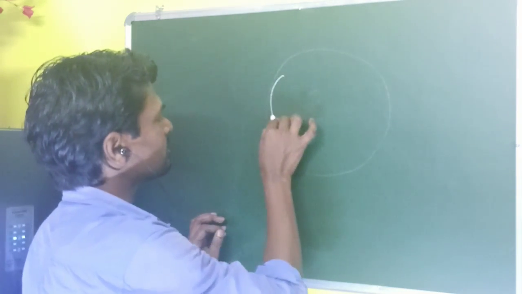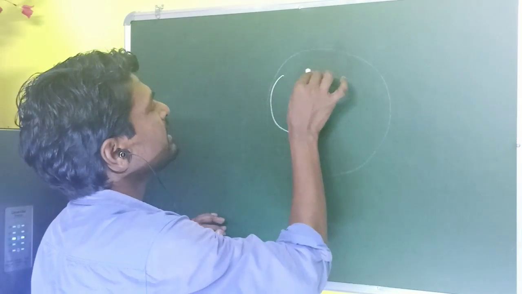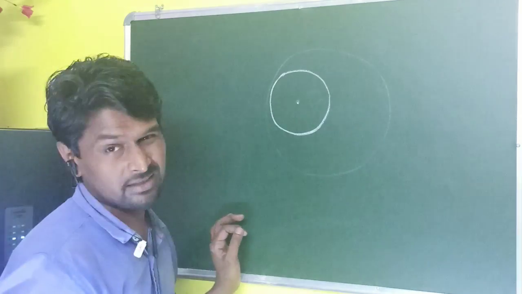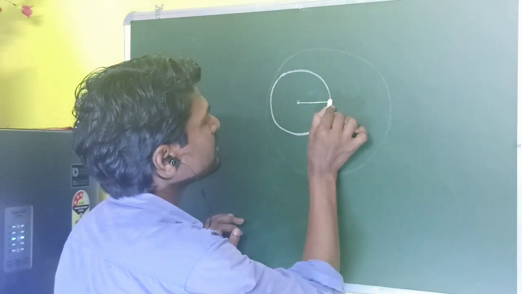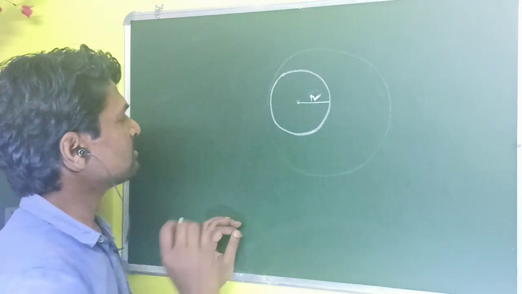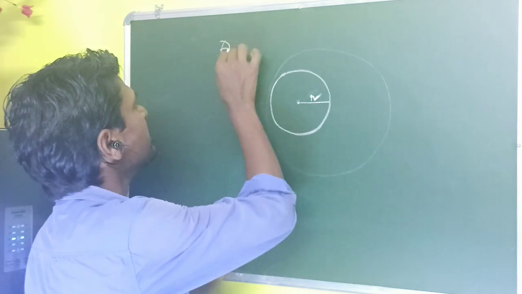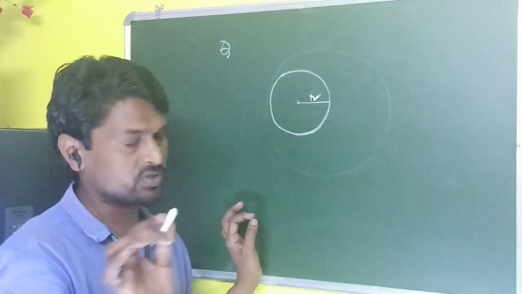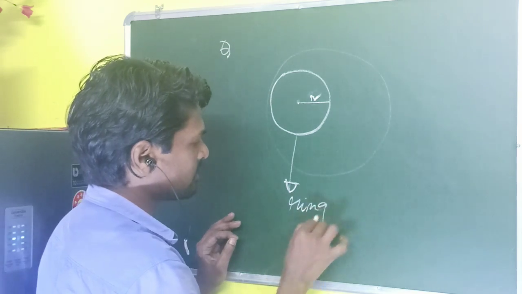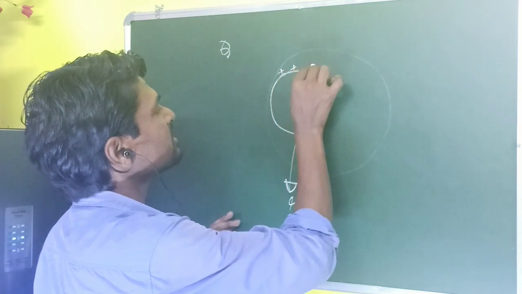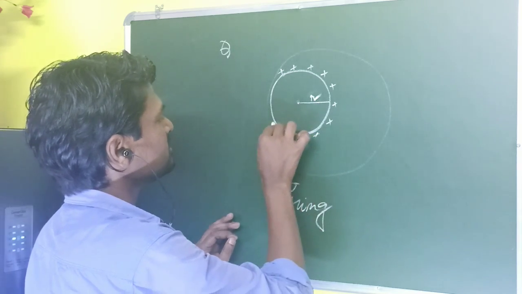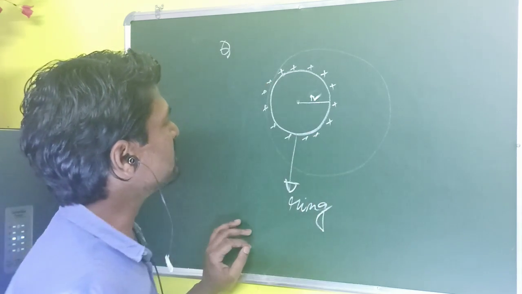So the question is, there is a ring of radius r, and a charge capital Q is uniformly distributed over that ring.